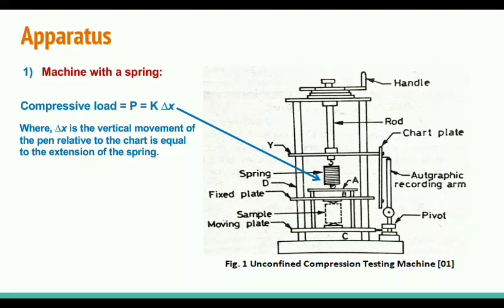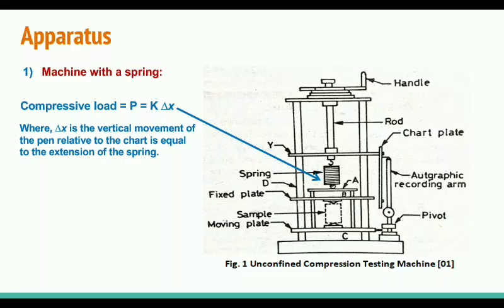So when you rotate the handle, the whole system, the upper part of the spring and the yoke, goes upward, and the chart plate, being fixed with the yoke Y, also goes upward. The pin attached to the moving plate C is attached to the pivot of this orthographic recording arm. So what is the relative distance between this chart plate and this pivot? That will give us the delta x.